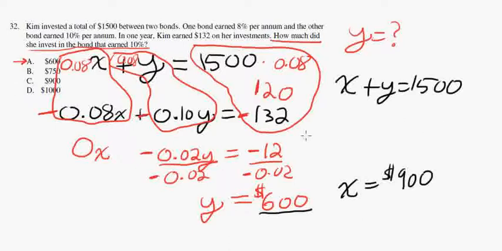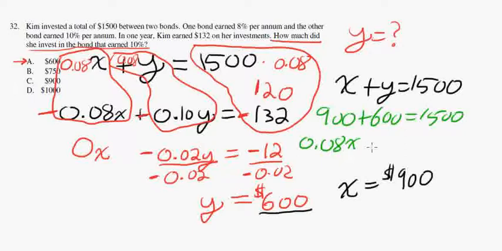So for the first equation, 600 plus x, which is 900, so 900 plus 600 equals 1,500. So that's good. We have to check the second equation. So we have 0.08 times 900 plus 0.10 times 600, and that should equal 132.